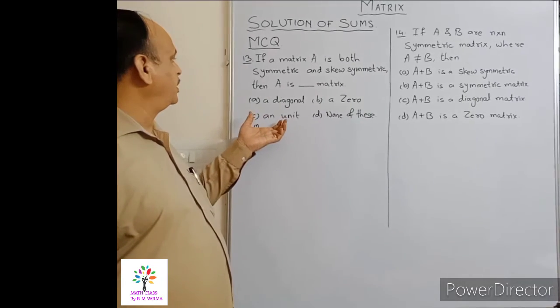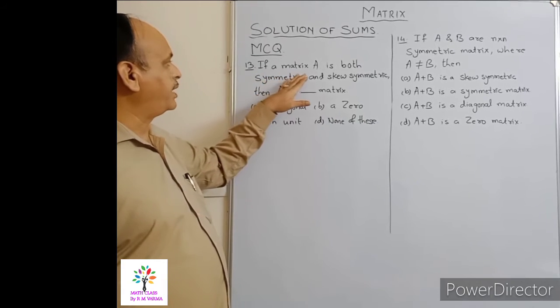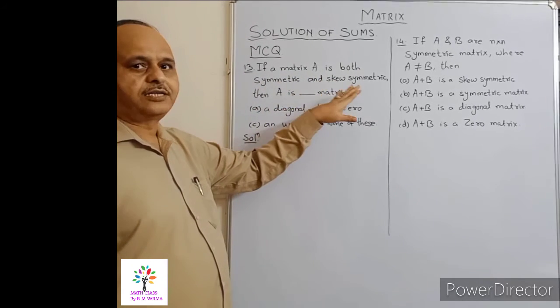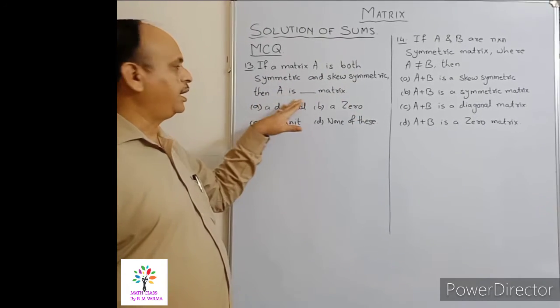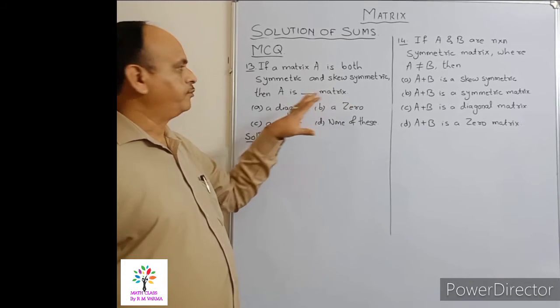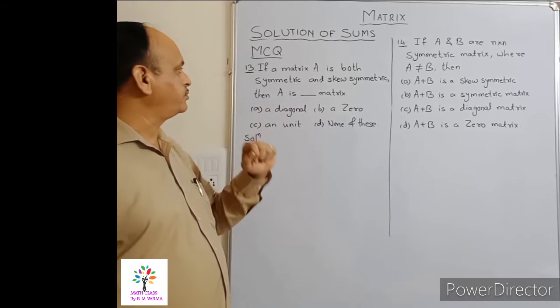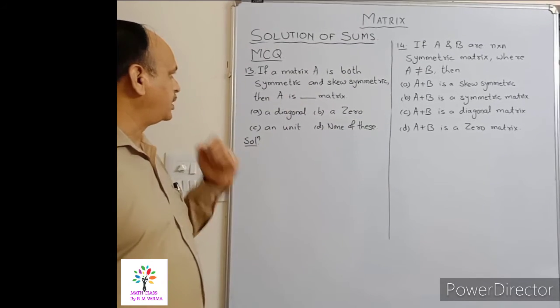Now, in this sum, if a matrix A is both symmetric and skew symmetric, then A is a dash matrix. We have to find out which type of matrix we will be having. So, solution, let us see.